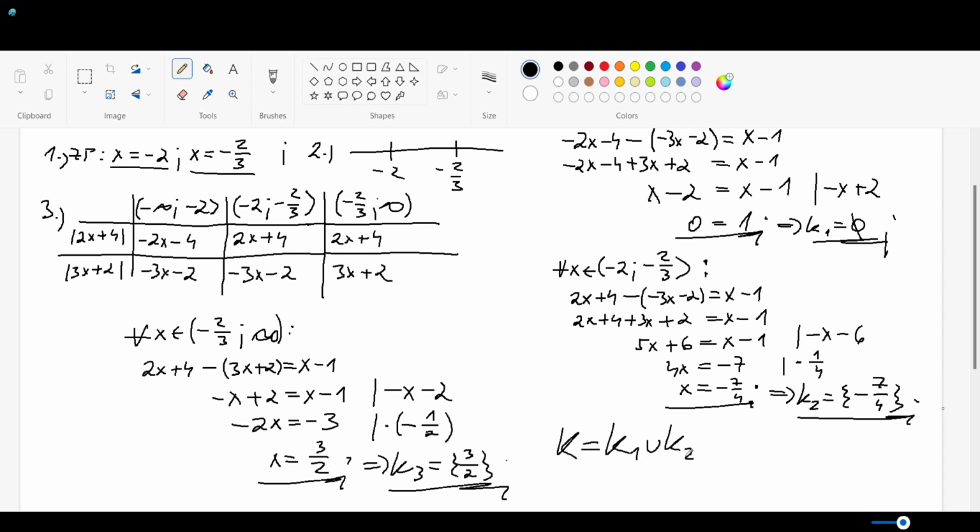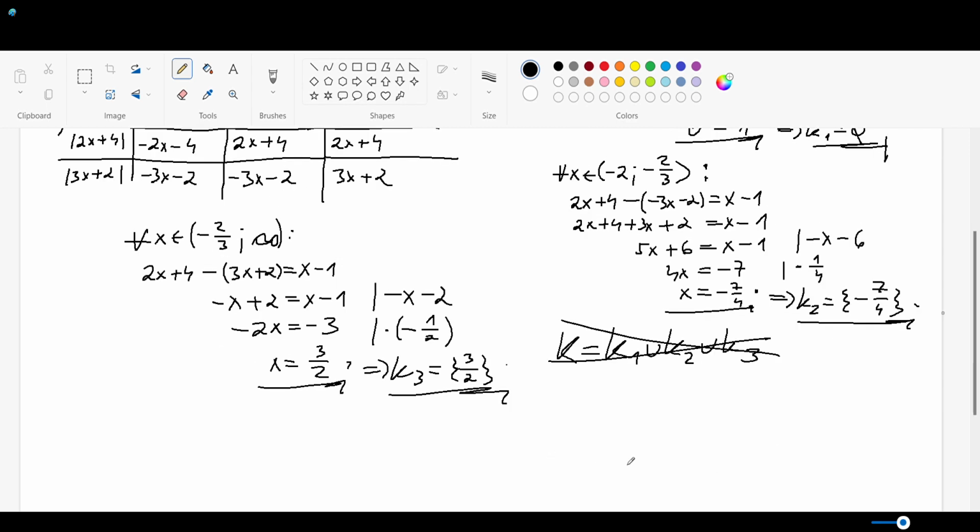So K is, we already know, K1 union K2 union K3. You don't have to write it anymore, but just keep it in mind. So K is a two-element set, and it is the numbers negative 7 over 4 and 3 over 2.